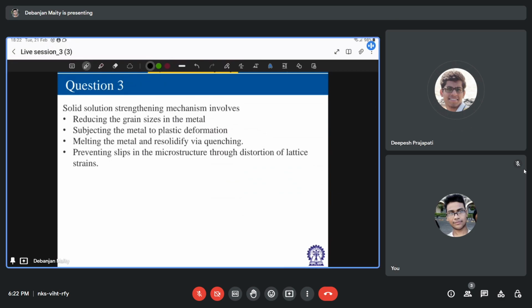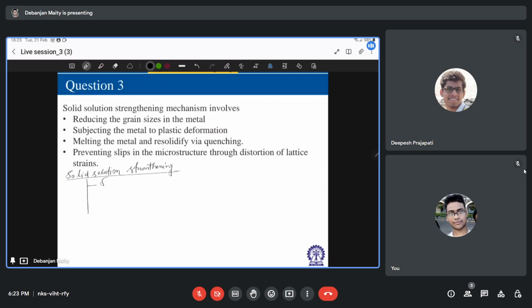Right. So basically, if you see in solid solution strengthening, in case of solid solutions, the stress fields around the solute atoms interact with the stress field of a moving dislocation. No? And thus, these offer a greater resistance to dislocation motion than the pure crystals. So in this solid solution strengthening, there are two different things.